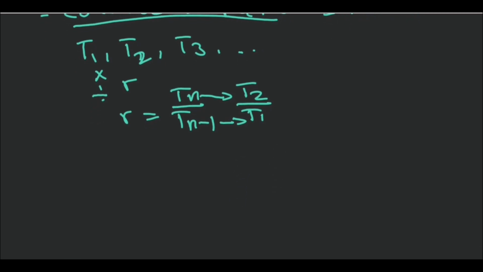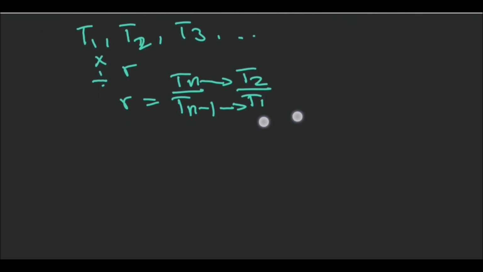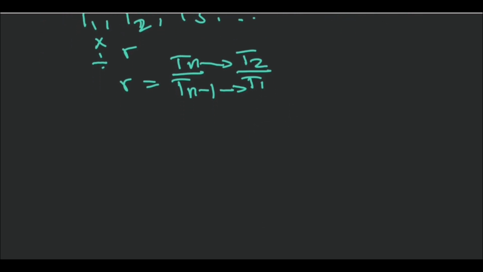All right, so let's talk about this common or constant ratio. Remember, when we say something is constant or common, we mean it does not change. So what this means is when we take the ratio by dividing T2 by T1, we should get the same ratio as when we divide any consecutive terms, as in when we take T100 divided by T99.